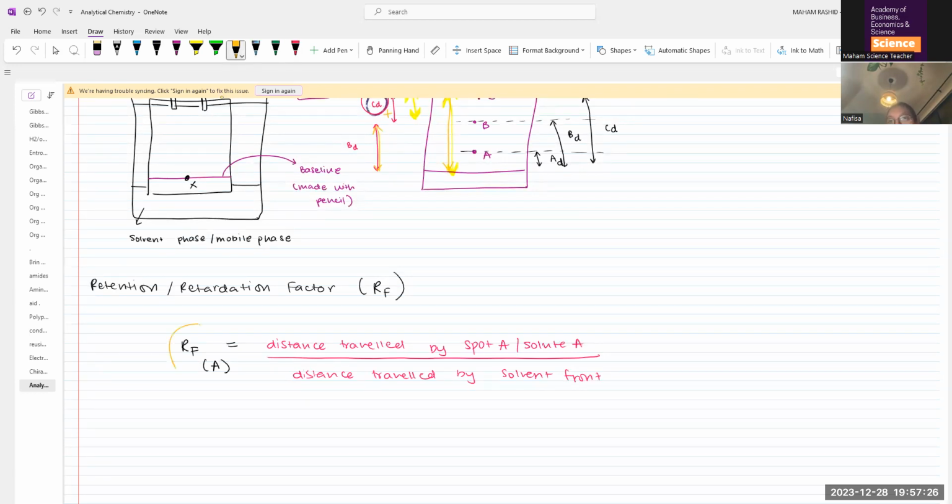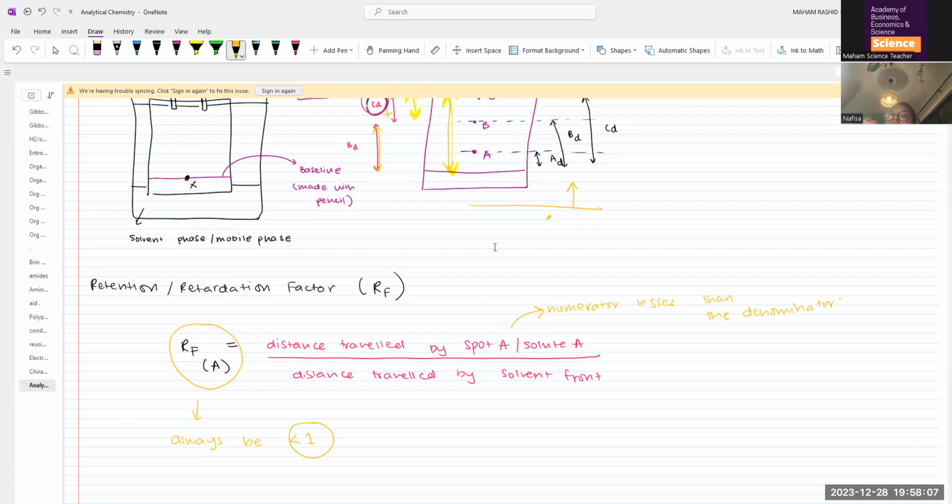And so this whole value for RF will always be less than 1. And why is that? Because the numerator here will always be lesser than the denominator, right? You can't have your spot A traveling higher than your solvent front, right? Which is why your retardation factor or your retention factor will always be less than 1. It will always be 0.5, 0.25 or something.